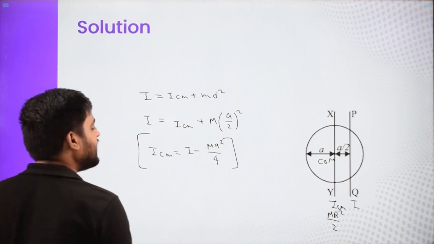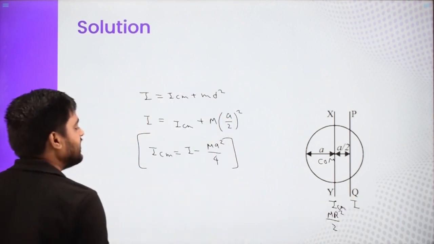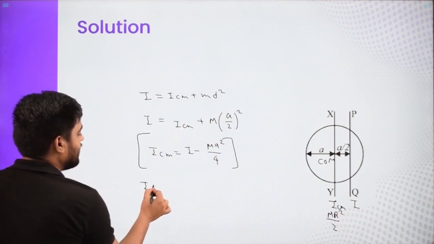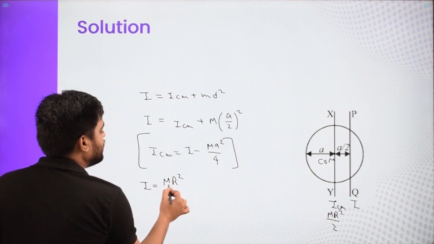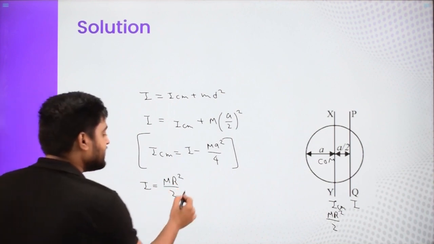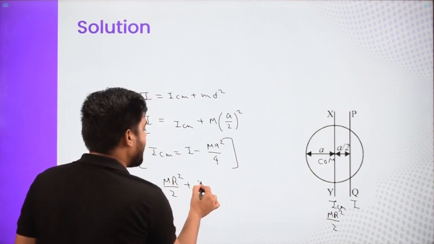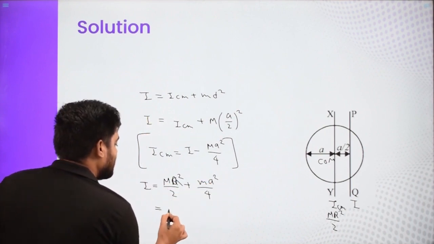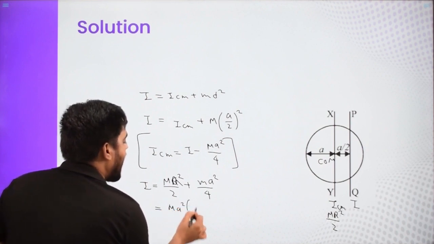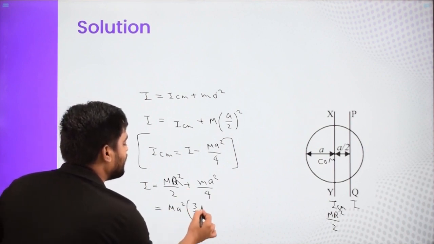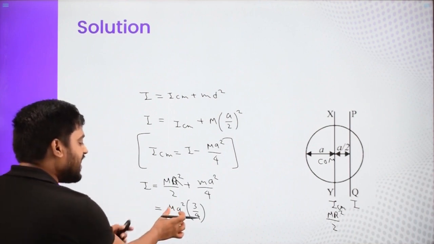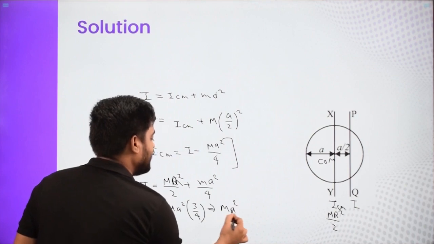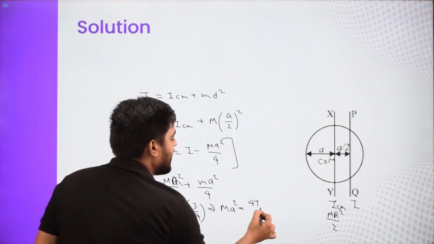That is my ICM, and this I is nothing but mr square by 2, where r is A, plus MD square, which is MA square by 4. So MA square times half plus 1/4 gives 3/4, and that is I. So the value of MA square is going to be 4I by 3.